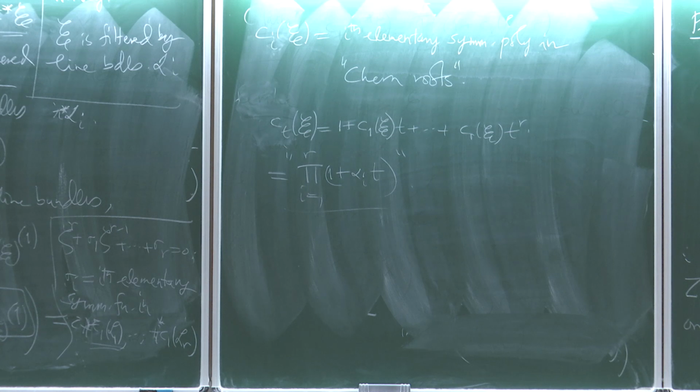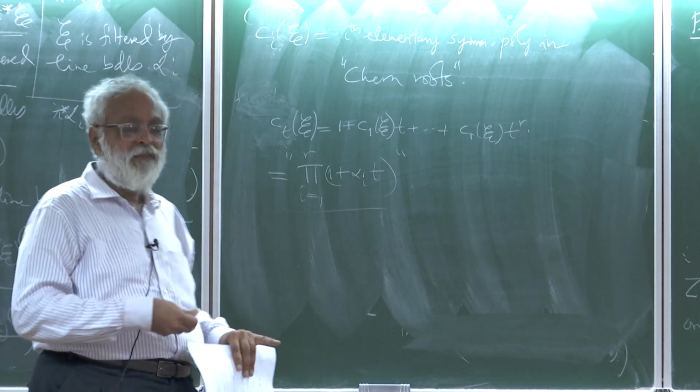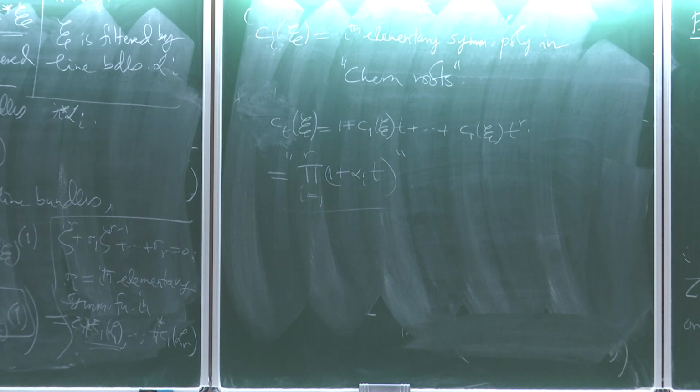We call them the Chern roots. Individually, like roots of an equation when we do Galois theory, the individual roots, so to speak, are not well defined, but functions of the roots which are symmetric under permutations are meaningful.